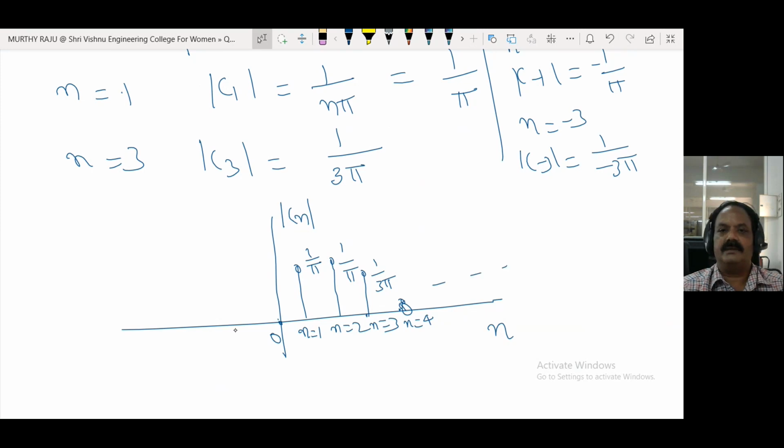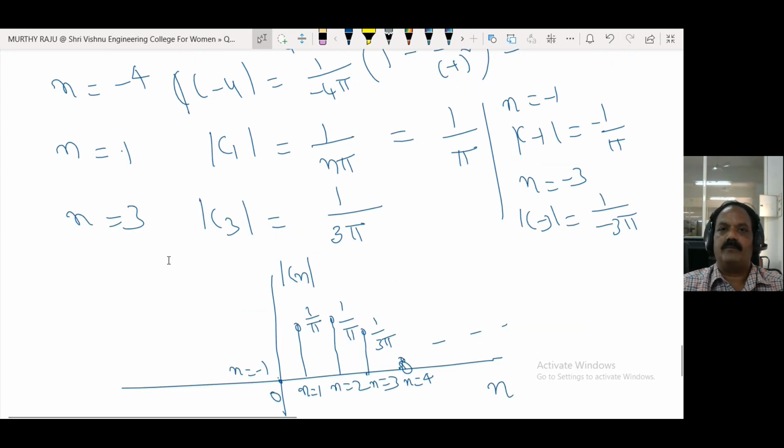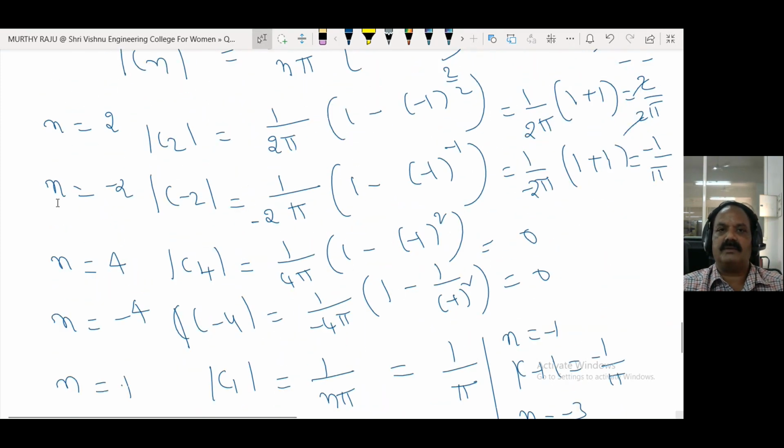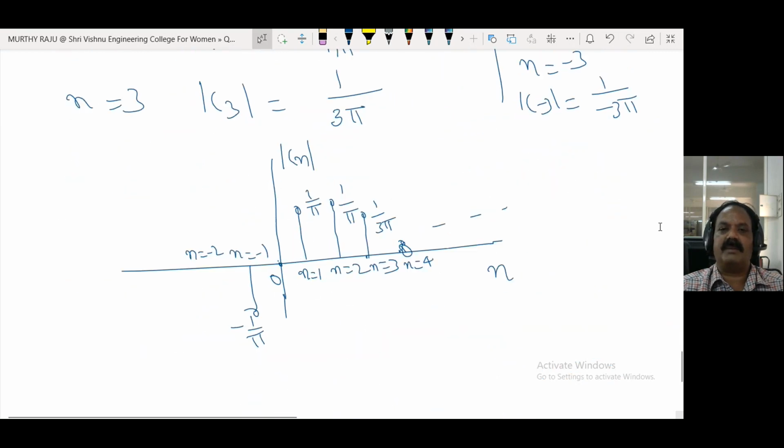Here n is equal to -1, the value is minus 1 by pi. N is equal to minus 2, minus 1 by pi.